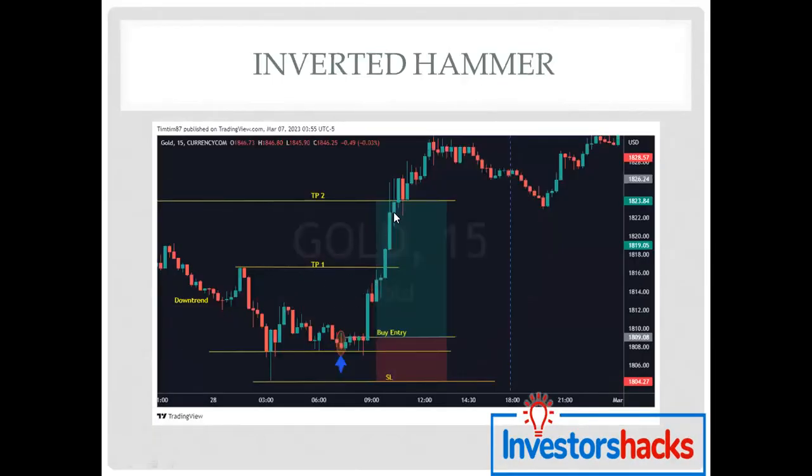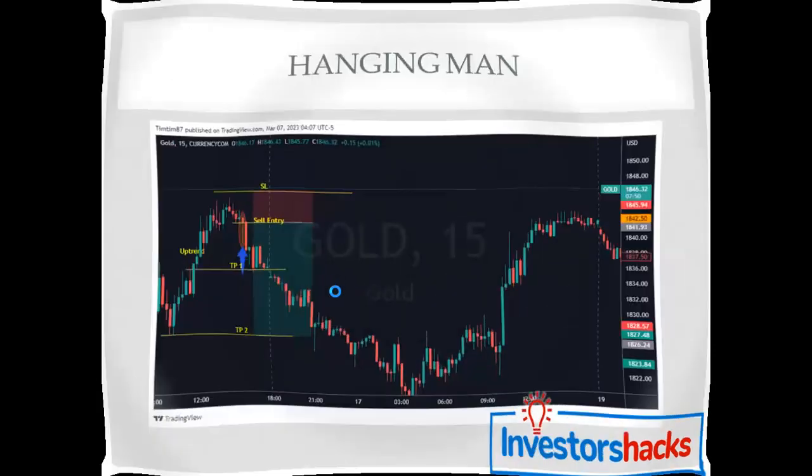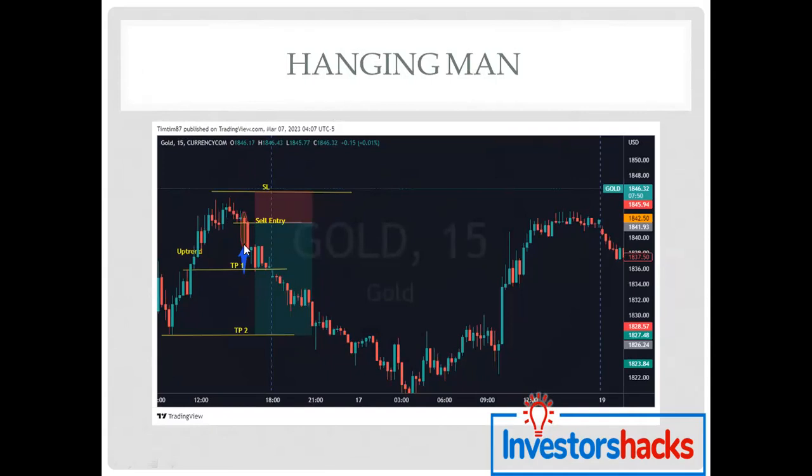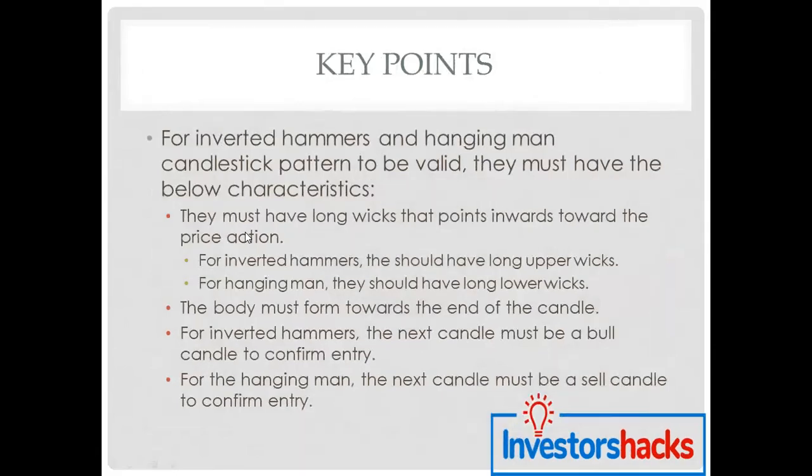This is an inverted hammer, so it should have a long upper wick. This is a hanging man, so it should have a long lower wick. The body must form towards the end of the candle.